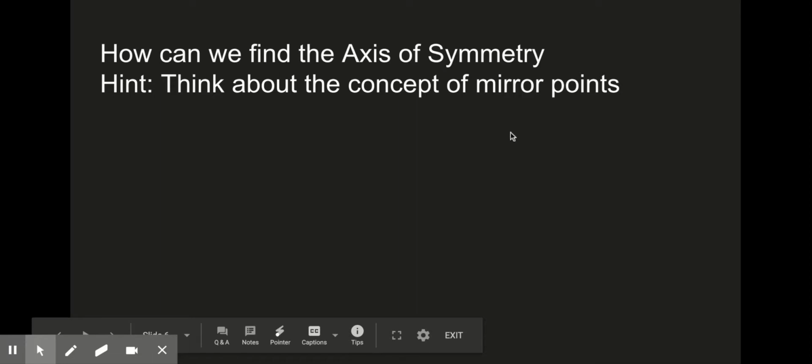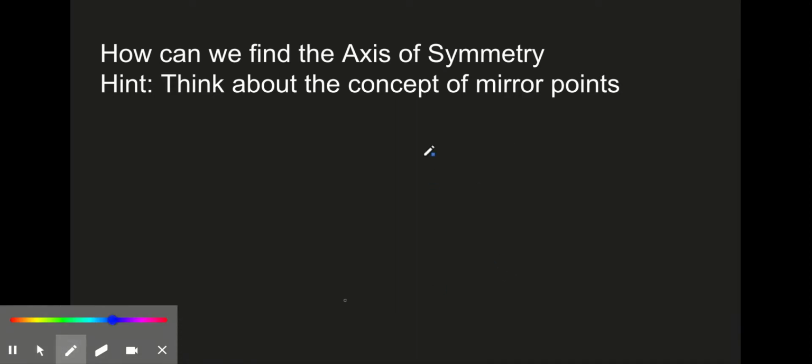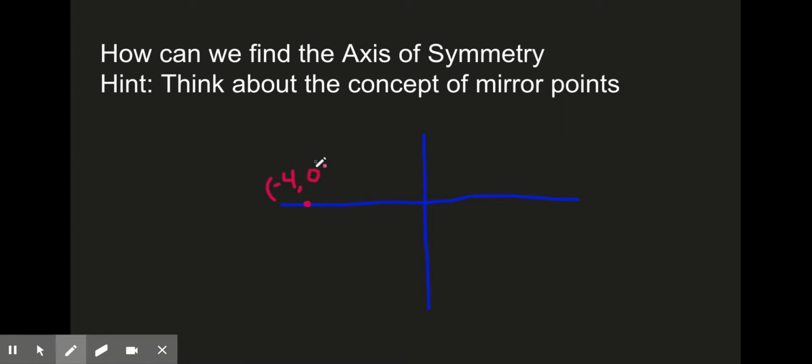So from here we need to think about how we can actually find the axis of symmetry. Like if I gave you an XY axis like this, and I told you that you had a point right here at negative 4, 0, and that you also had a point right here at negative 2, 0, we would know that our parabola passes through these points.